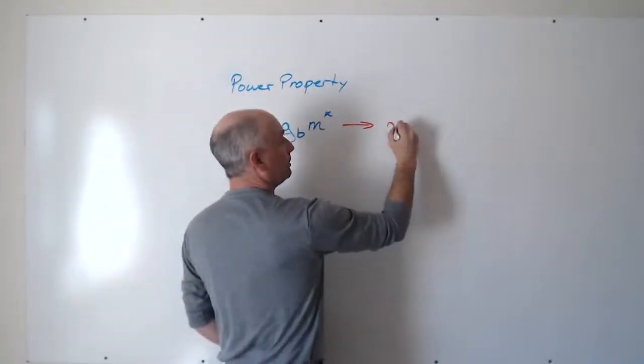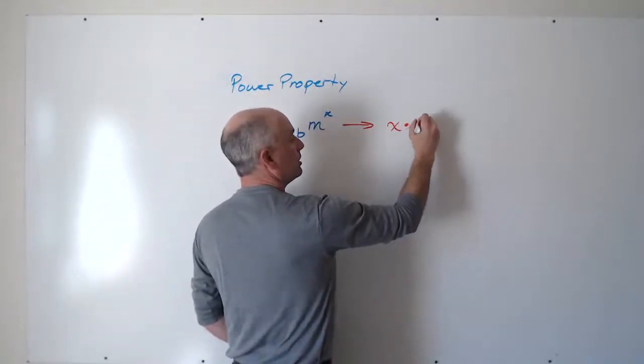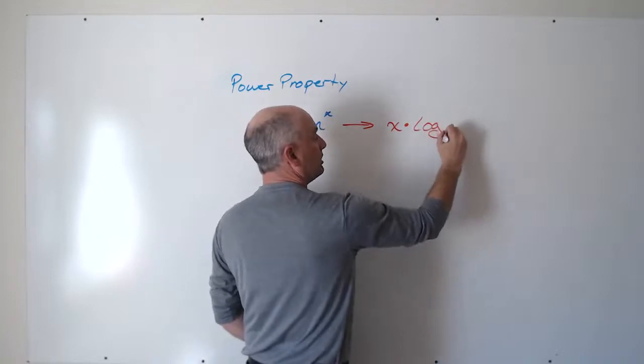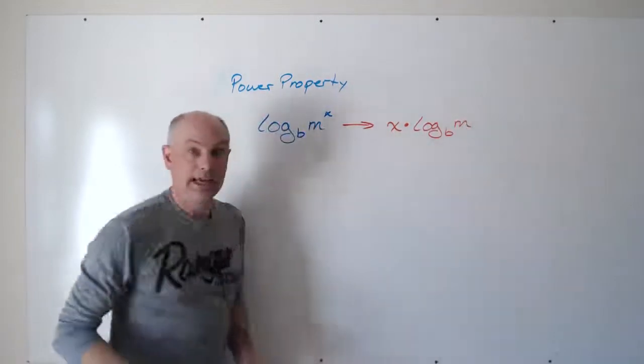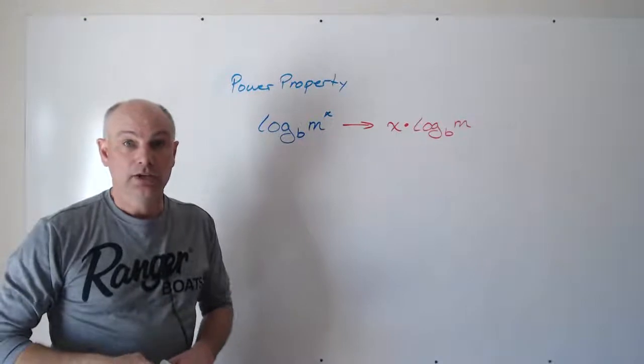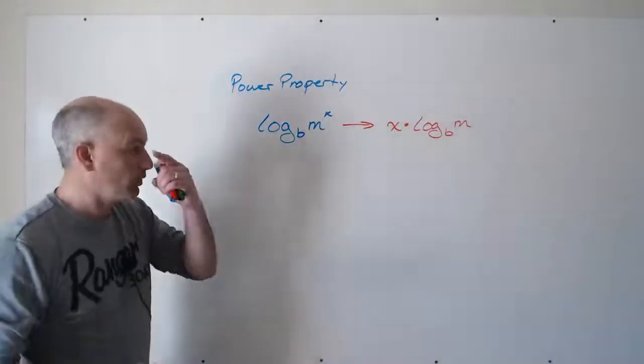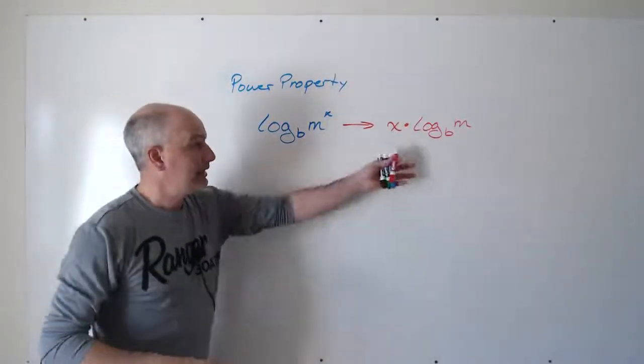So it would allow me to write it as x times that log base b of m. All right, so that is where we are going to be working today.